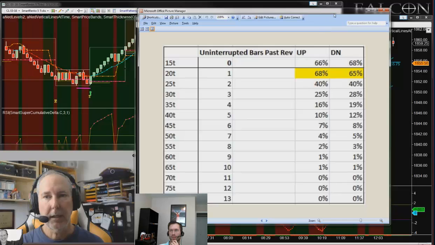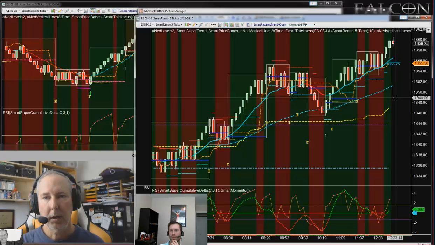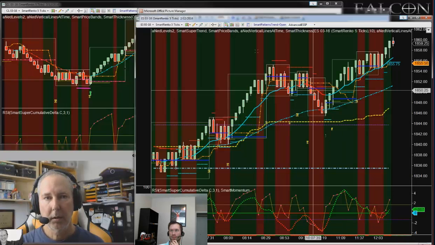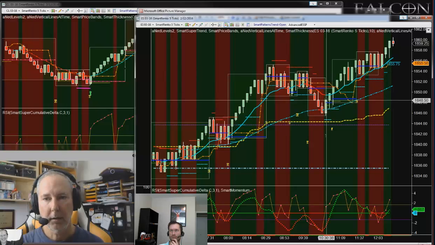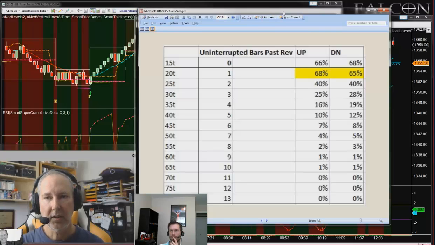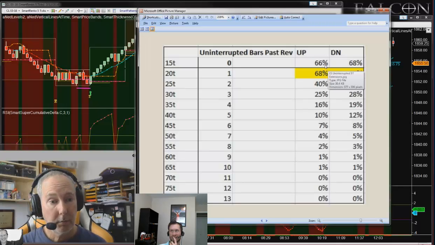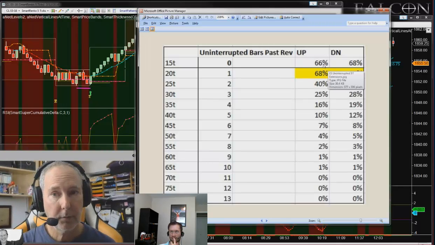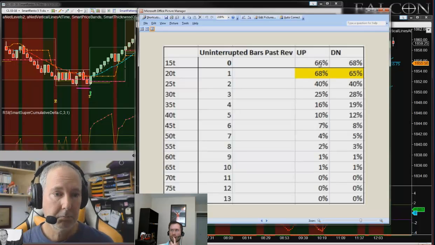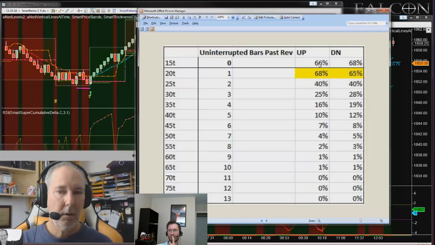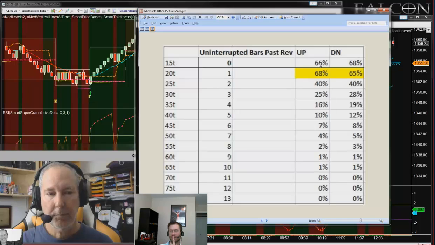If I fire into a trade on this chart at that reversal bar right there, what's the chance I'm going to go one more bar? 68%. So it's up, okay, it's 66. 66, plus or minus. This isn't rocket science, but wow, wait a minute.